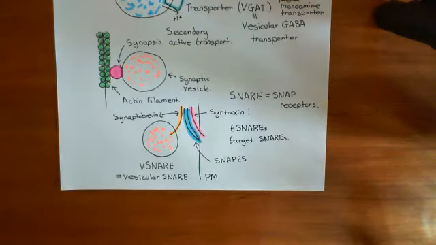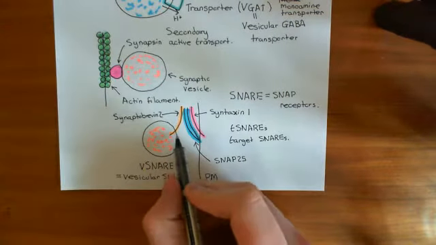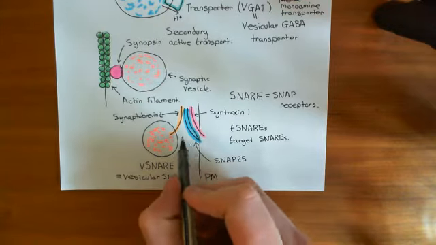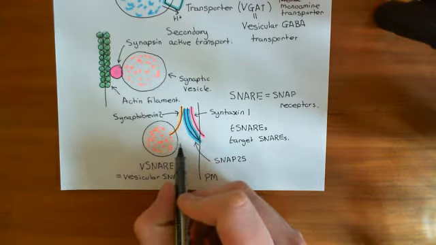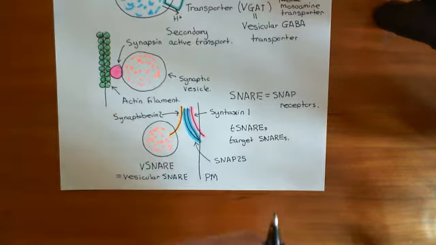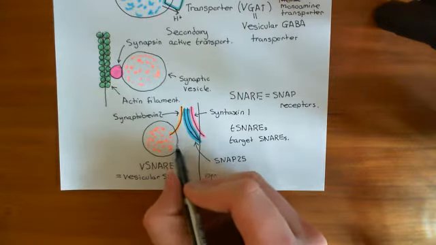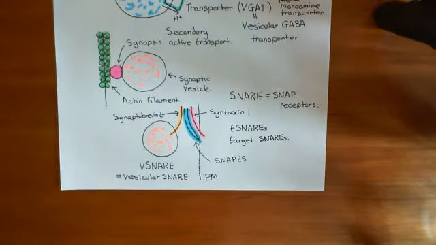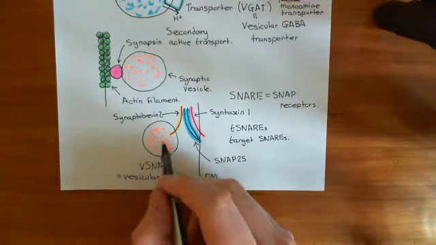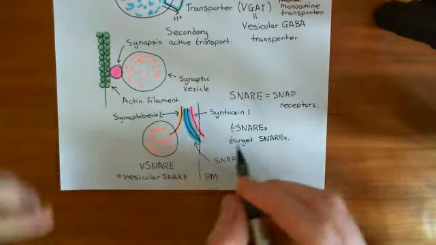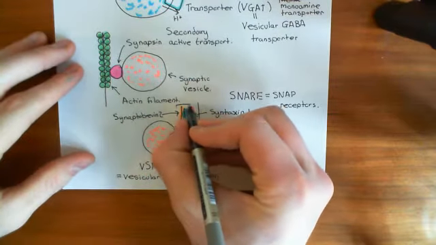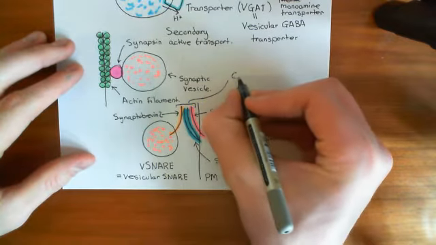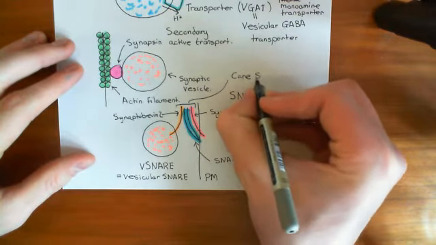That's a difficult thing to do because, if you remember, the membranes have phosphate heads sticking out, and the phosphate heads have a negative charge. So this membrane is negatively charged, and this membrane is negatively charged. If you try to bring those two together, it's not going to work. But that's the feat these SNARE complexes achieve, and this is called a core SNARE complex.